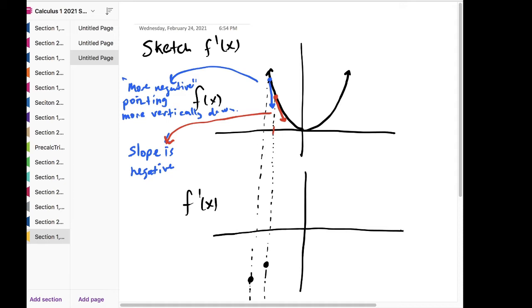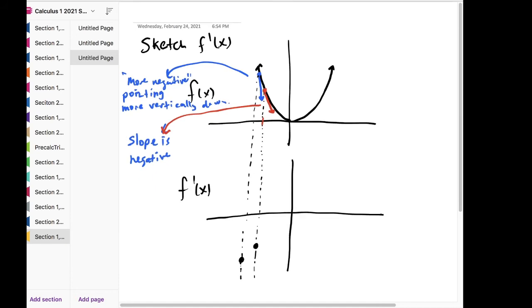More and more tangent lines that you draw will be pointing further and further down, almost vertically down, but maybe not quite, because it's not like an asymptote or anything. So what is happening to the derivative? It gets smaller and smaller in that direction.